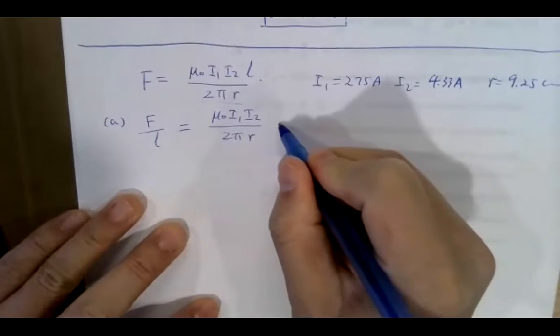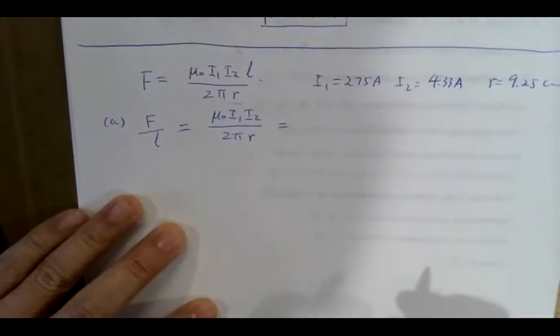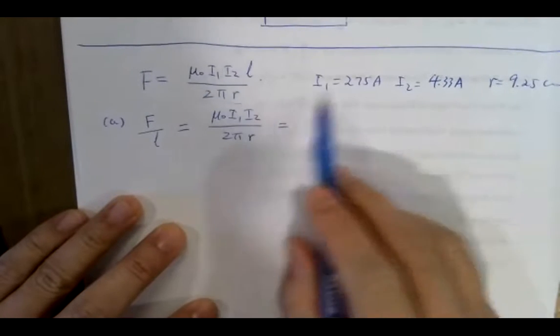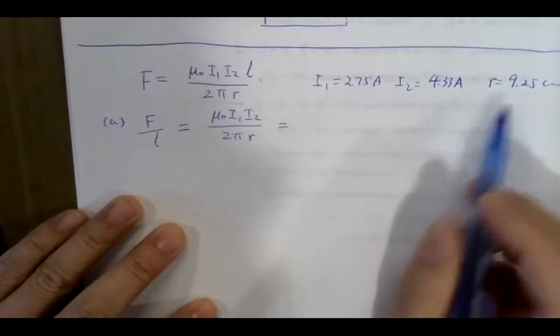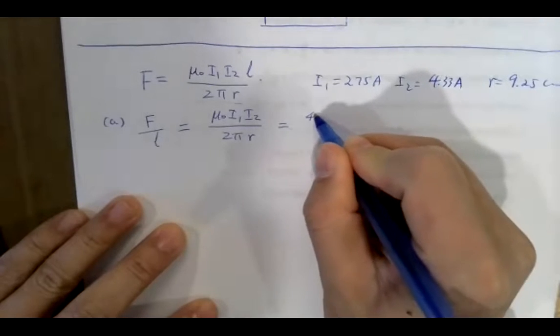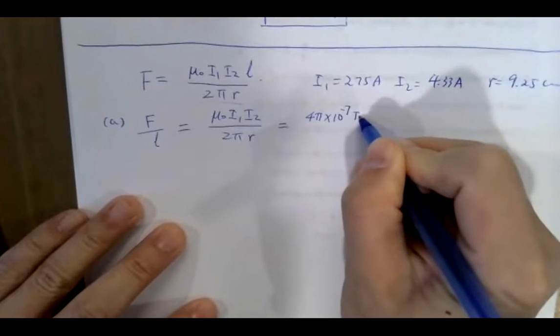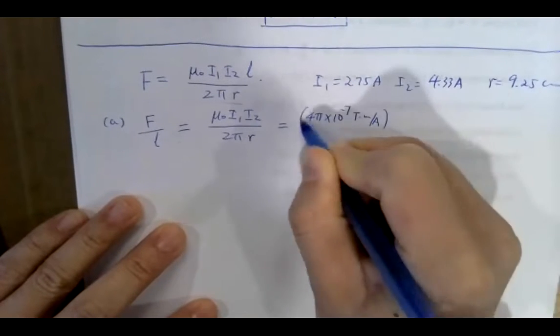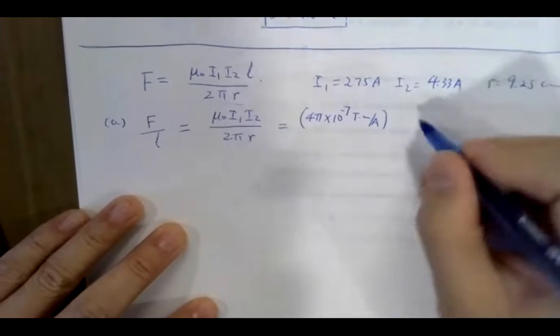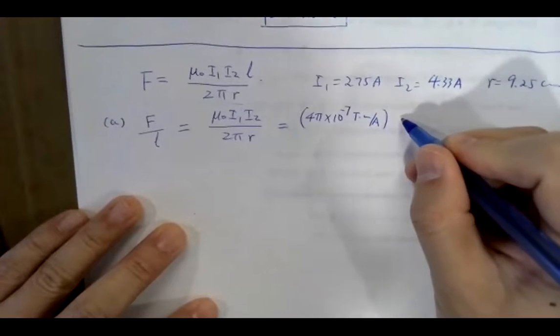So you actually have all the variables you need. Mu naught is the constant, 4 pi times 10 to the minus 7 again. That's the number you'll be seeing so often in magnetism here.